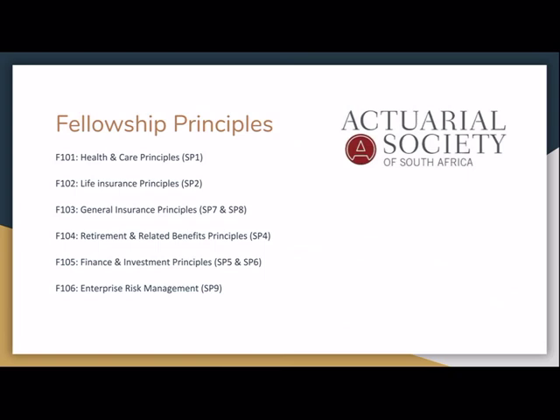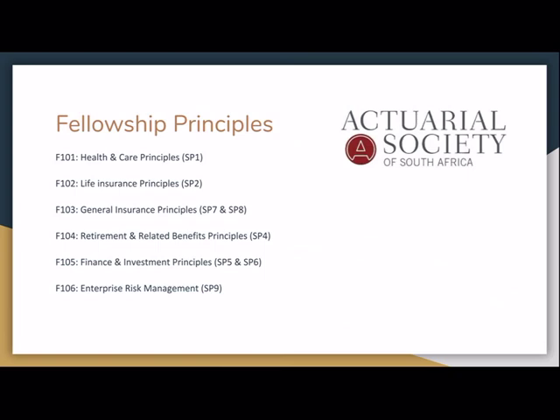the hardest one. So if you feel like you're very strong, you can just take this one of ASSA if you want to do general insurance or maybe finance and investment, because they are combined modules. They still have the same things: health and care principle, life insurance principle, general insurance principle, retirement and related benefit principle, finance and investment principle, enterprise risk management principle.